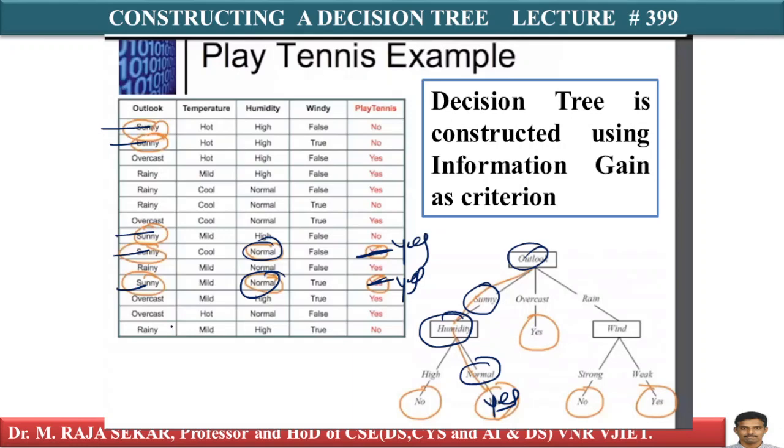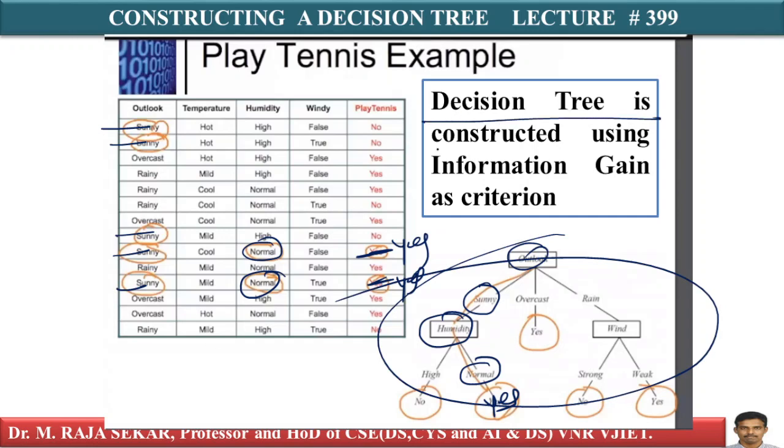How did we construct this decision tree? This decision tree is constructed using information gain as the criteria. So what are we literally doing at every stage in the decision tree? First we start with the root. Here the root is outlook.